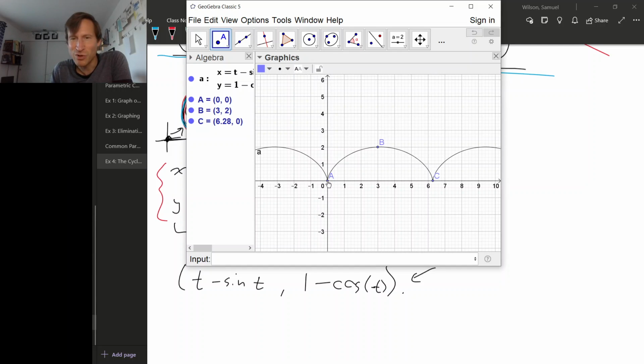Well, it's rolled from x position 0 over to a little bit more than 6, so that's 2 pi. And that's exactly the circumference of a wheel with radius 1. The circumference of a circle is 2 pi times the radius, so the circumference of our wheel is 2 pi, and sure enough, that is exactly the horizontal distance the wheel rolls when it goes around once.